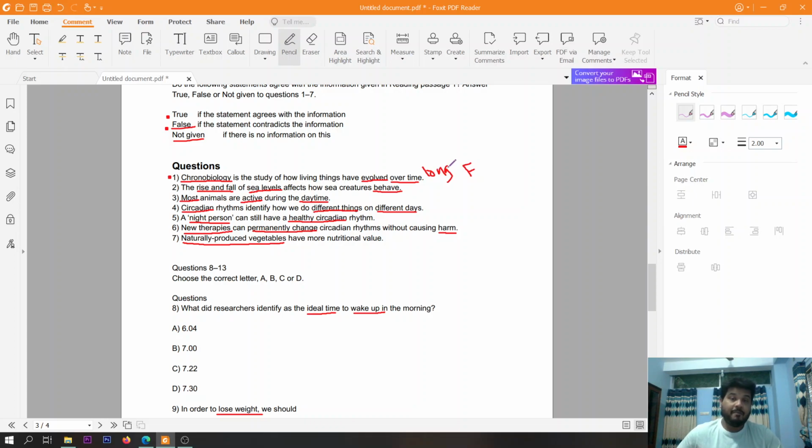Of course, the questions are paraphrased, so we have to look for close synonyms, for example, evolved over time, so long and short term. So here, for rise and fall of sea levels, we can look for tides, tidal, effects of sun and the moon, something like that.